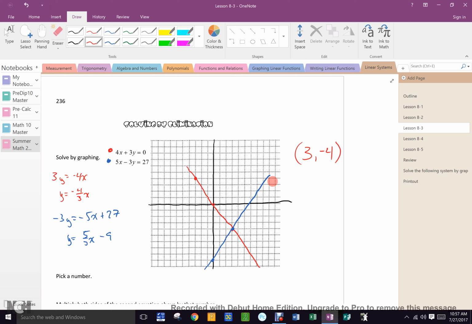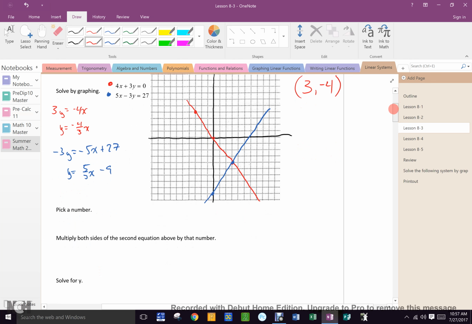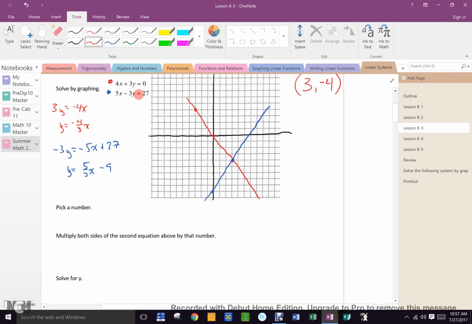So, all of you will pick a number, I lie, between 2 and 10. And all of you will write that number right here. Then you will take that number and multiply this whole equation by that number. Okay? Go.